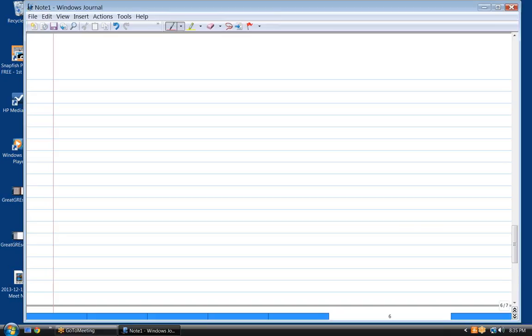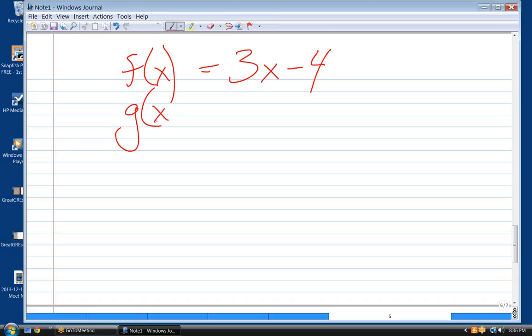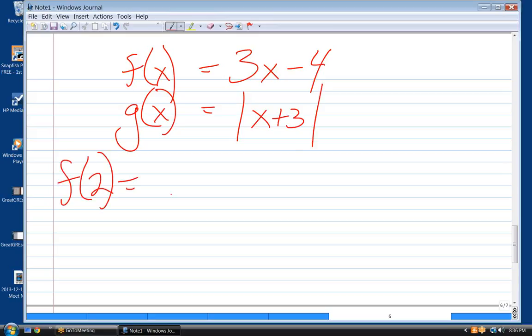What else? Suppose f of x equals 3x minus 4, and g of x equals absolute value x plus 3. Find each value. First one's for f of 2. Okay, what's that equal to? 2.